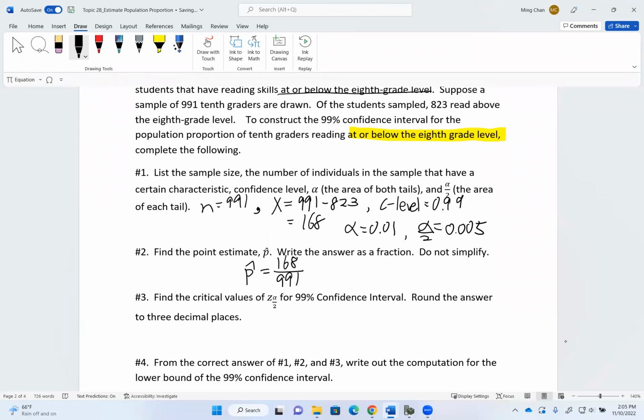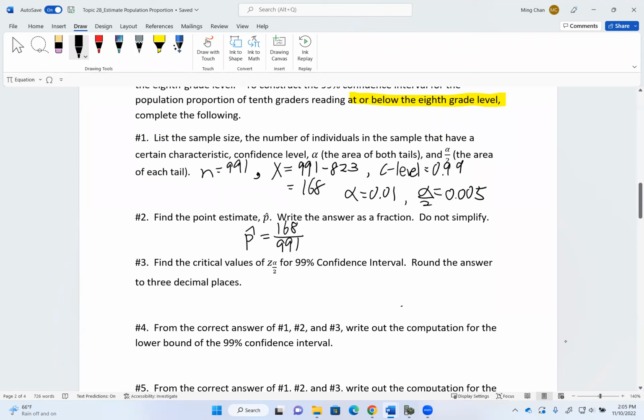Now find the critical value z sub alpha over 2 for the 99% confidence. So the area of each tail, if the middle is 99% confidence, each tail based on alpha over 2 is 0.005. To find the critical value, we have to use inverse norm. Area to the left 0.005, comma 0, comma 1.